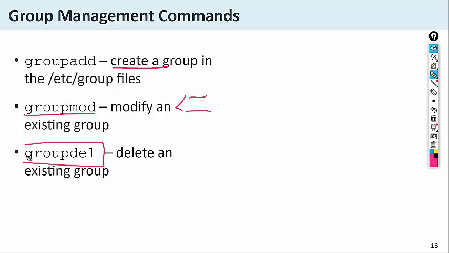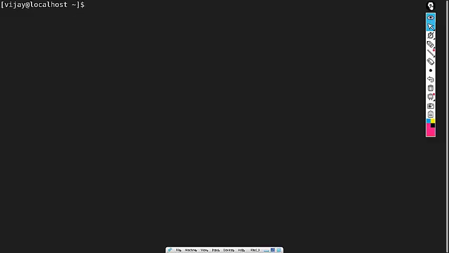Groupdel means deleting the group. If any group is not used anymore, we can just delete that particular group. Fine. So all these things we can do on a Linux operating system.